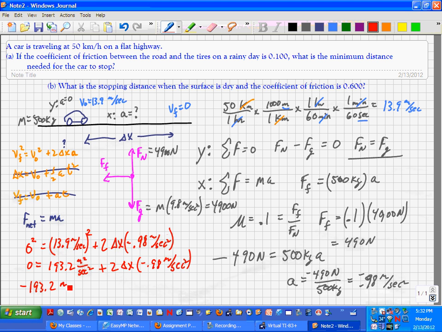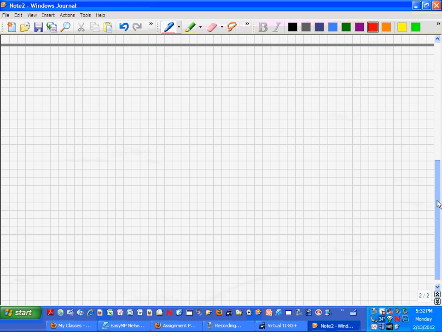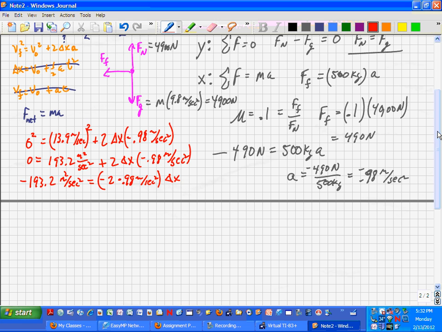193.2 meters squared per second squared is going to be equal to negative 2 times 0.98 meters per second squared times change in position. I just rearranged the order a little bit so I wouldn't get lost there. I'll go ahead and finish this up down here.